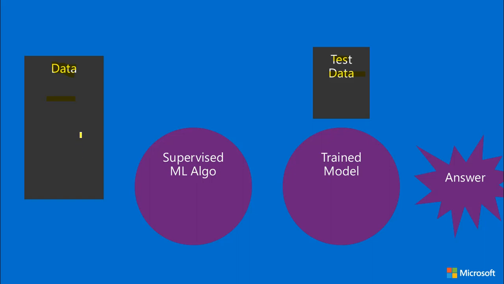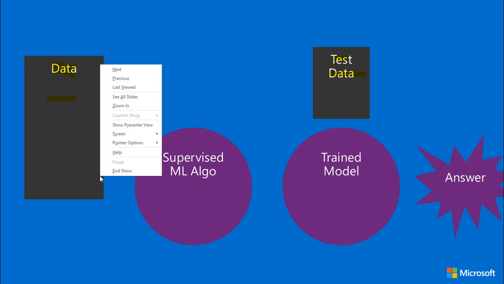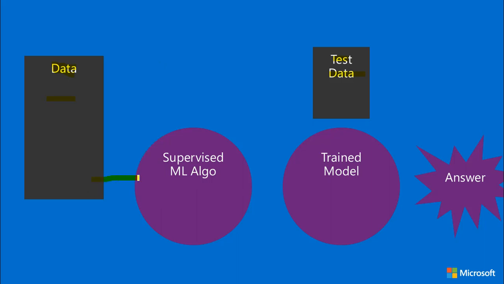So what would happen is the data would go into an algorithm that we have chosen for supervised machine learning. Here we need to provide a set of data, which might be different cars like Toyota, Honda, Audi, Mercedes, any kind of car with their specifications and their prices.